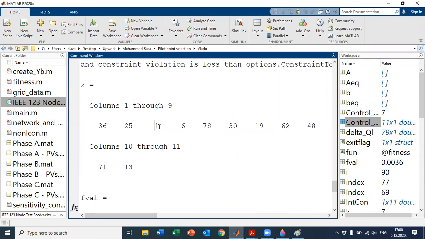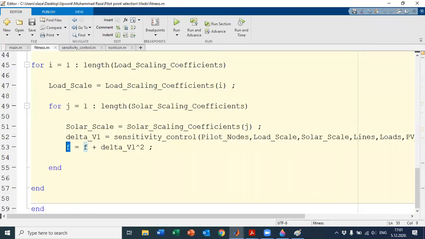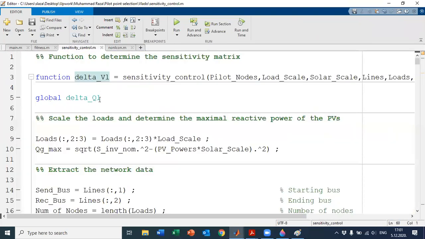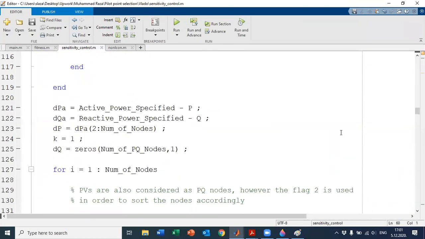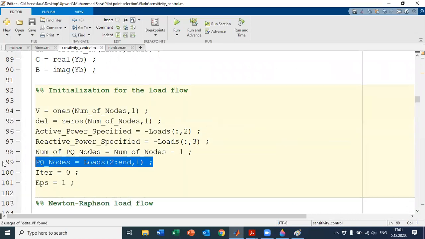What you need to understand is that this is not node 1, because the nodes are renumerated, so the true indexes of the nodes which are going to be used need to be determined using the renumeration which we've used here. Because the nodes have been renumerated, we need to determine these PQ nodes.